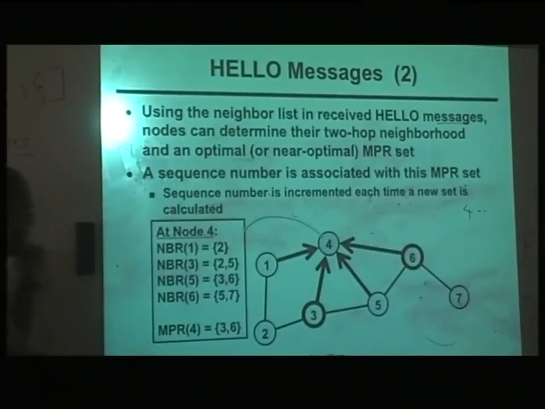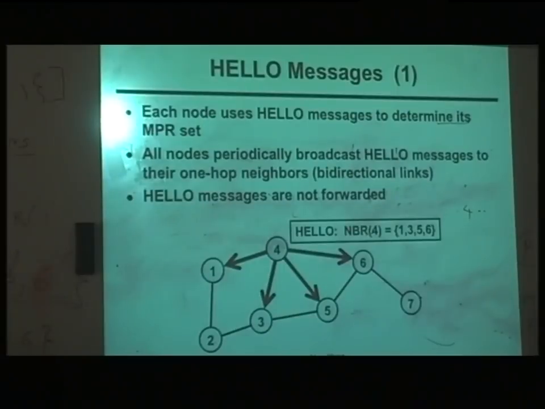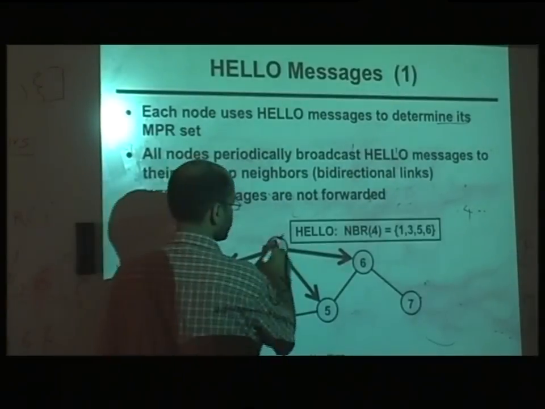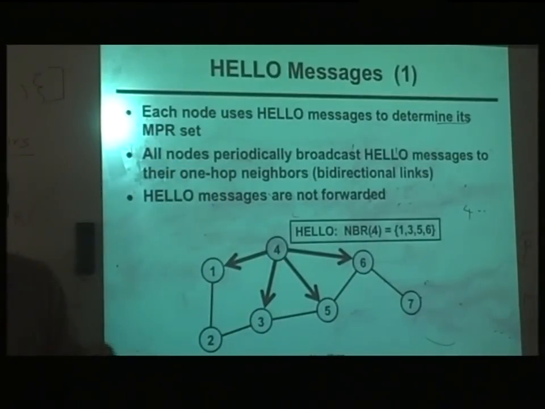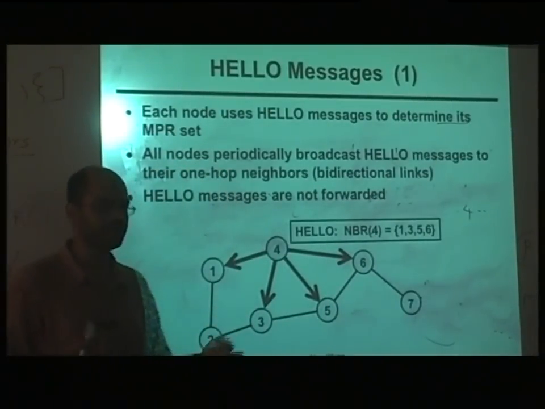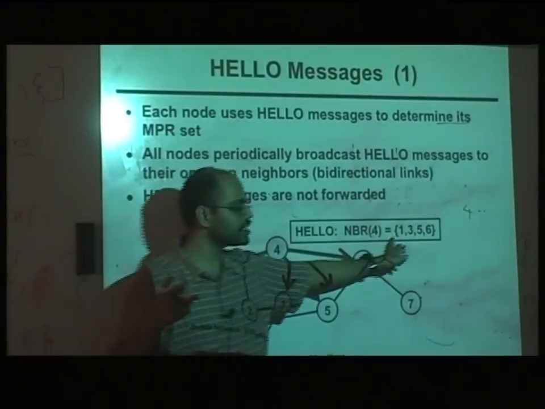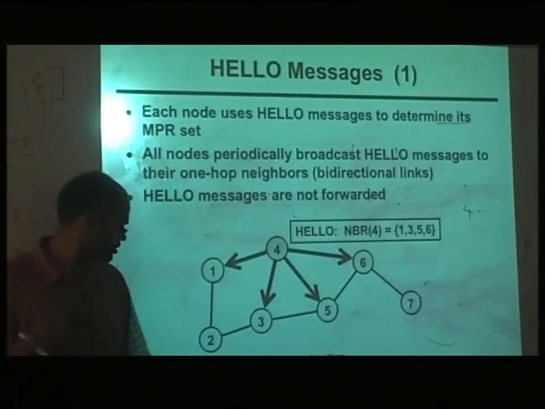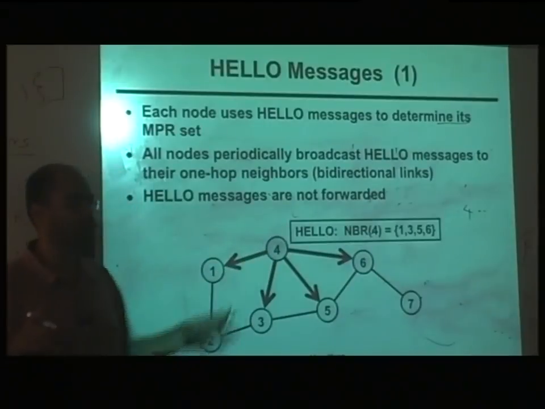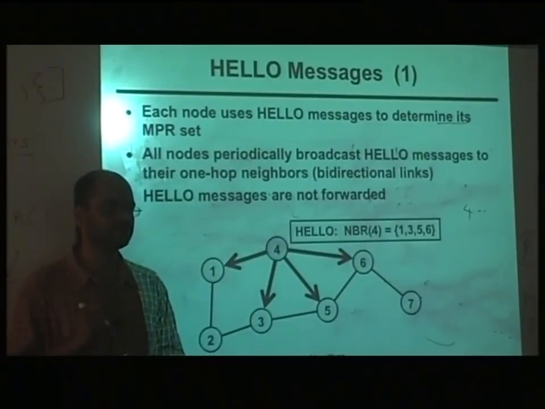If you send this neighbor list now, in the previous message, if 4 says my neighbors are this, it will send this in the hello message. Now, the first hello message is just I am 4. Next time it hears everything, it will say I am 4 and my neighbors are 1, 3, 5, 6. Okay? Now can 2 learn about 4 and can 4 learn about 2? How?